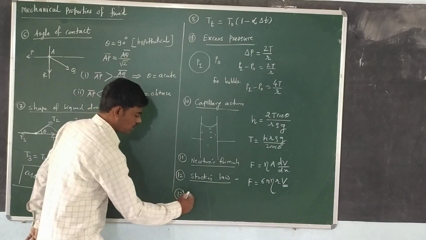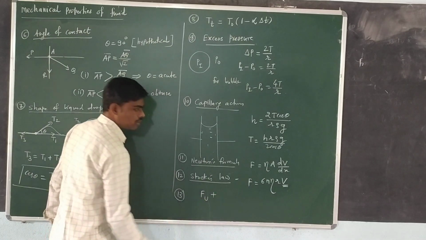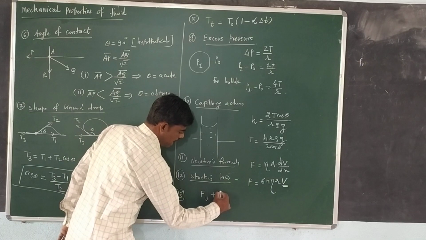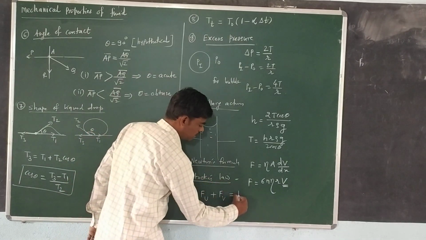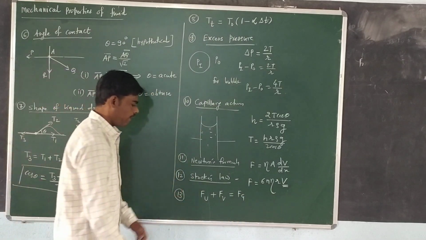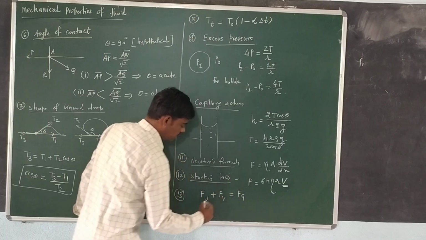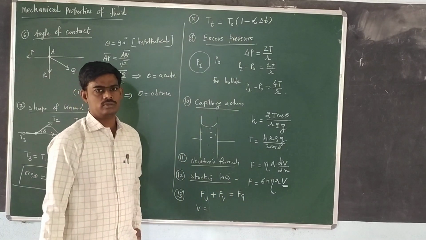At the equilibrium condition, the sum of upthrust and viscous force is exactly balanced by the gravitational force. From this equilibrium condition, we can find the terminal velocity.